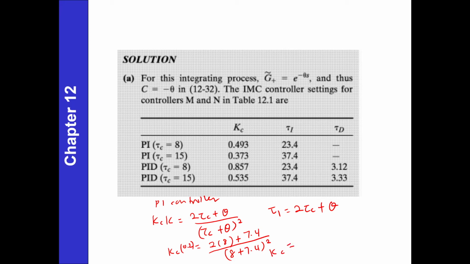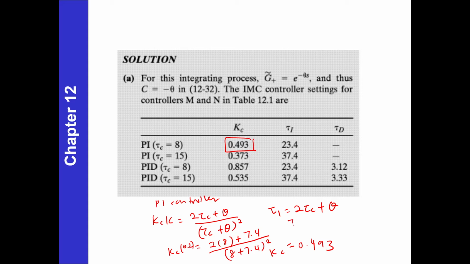Can anyone calculate for me? Two times 8 plus 7.4, divided by (8 plus 7.4) squared, divided by 0.2. You will get 0.493, which is this one. So this is how to get the value.